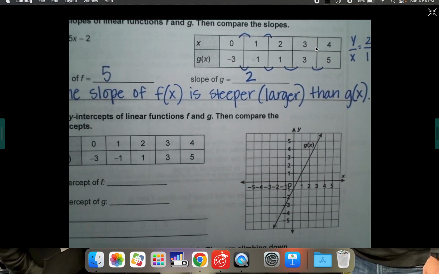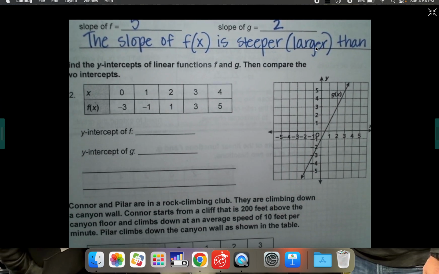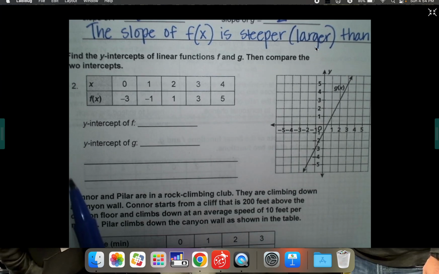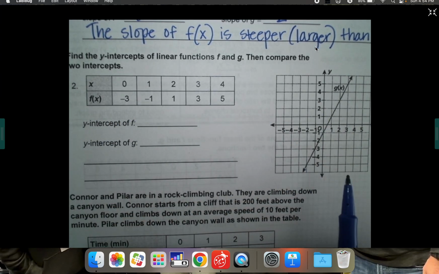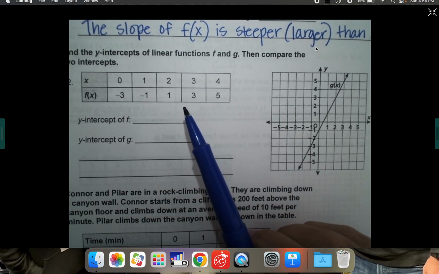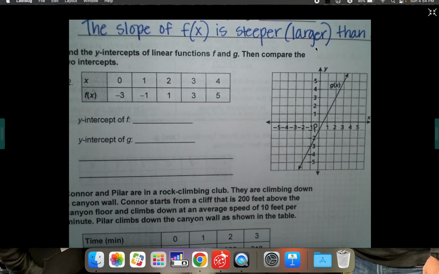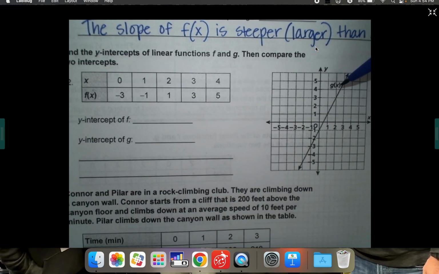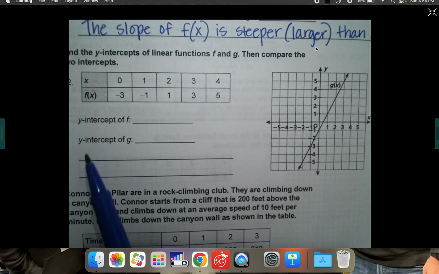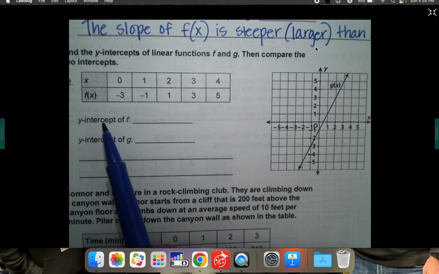Okay, next we're going to look at two more comparisons. So you've got your comparison in a table like we had before, and now you also have the comparison with a graph. So let's see if you would know how to compare functions from a table to what it's doing in a graph. So f of x is the one in the table, and g of x is the one on the graph. So the y-intercept is what we're looking at this time.